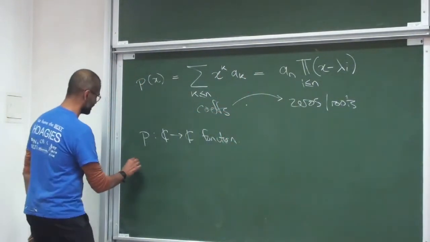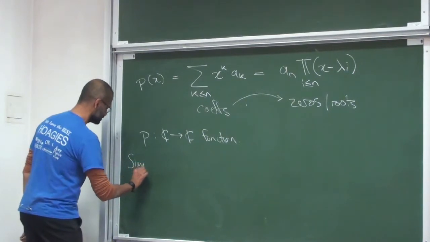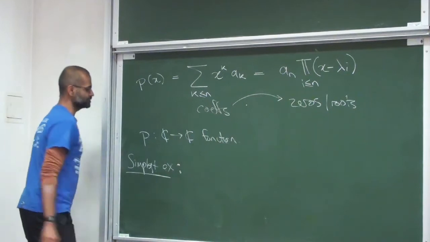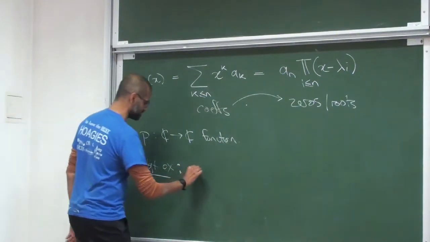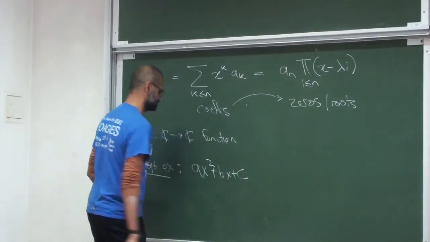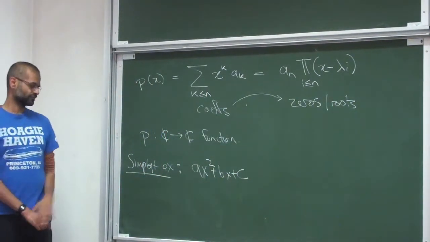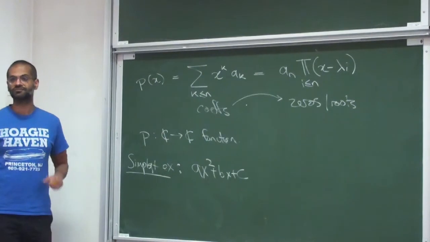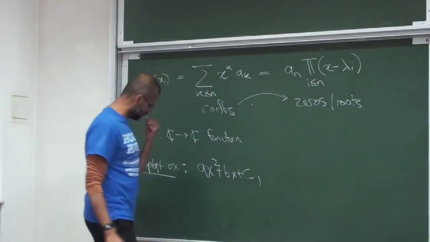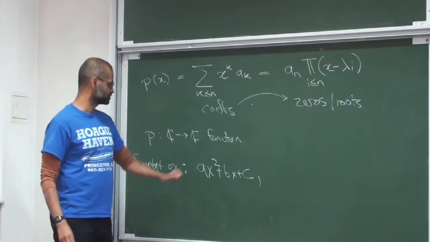So what do I mean by that? So here's the simplest example. The simplest example is, let's just consider the quadratic polynomial ax squared plus bx plus c. Okay, so quadratic is easy, you can actually solve for the roots. But what are some nice relations between the roots and the coefficients?